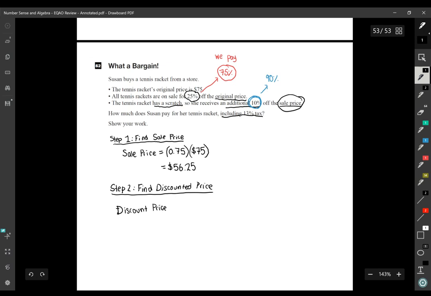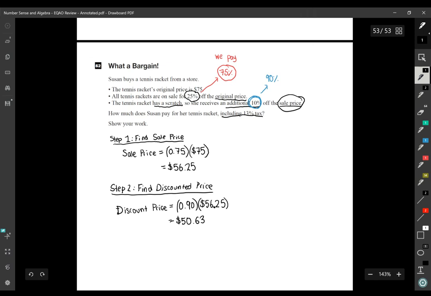discount price, it's going to be equal to, remember, 90% is 0.90 times our sale price, so times 56.25. And we get a bit of a discount, so we go down to $50.63.